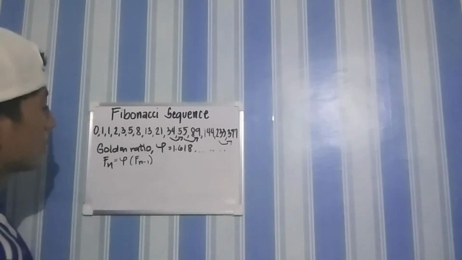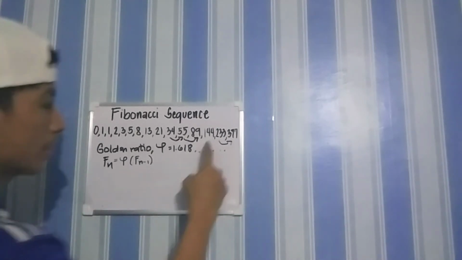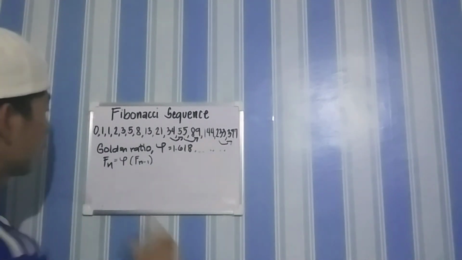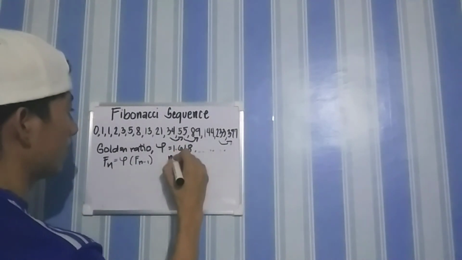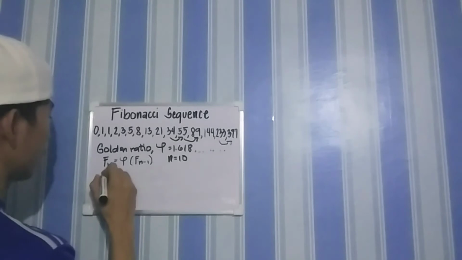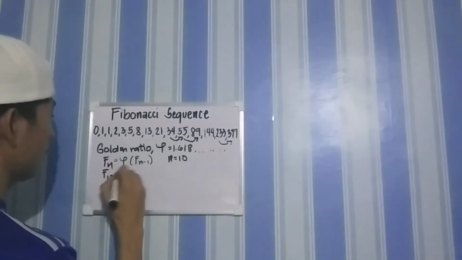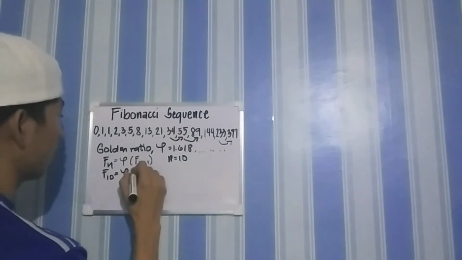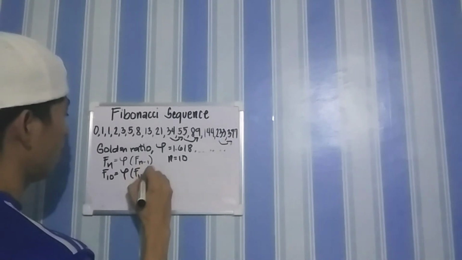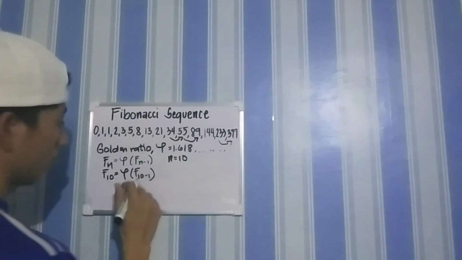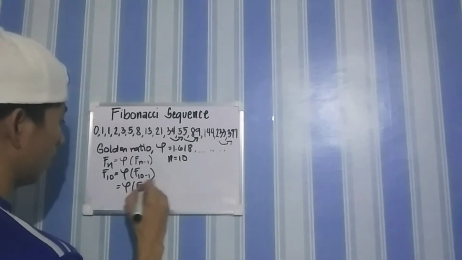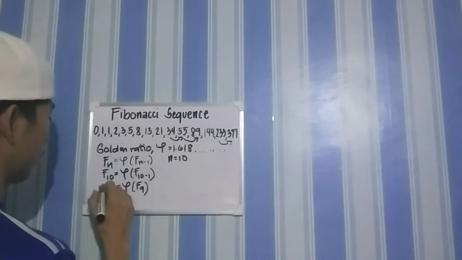So let's try. Using the golden ratio in this equation, we are able to find the next number of our sequence. Let's say we're looking for f sub 10. Our n is equal to 10. So f sub 10 is equal to phi times f sub 10 minus 1, so phi times f sub 9.